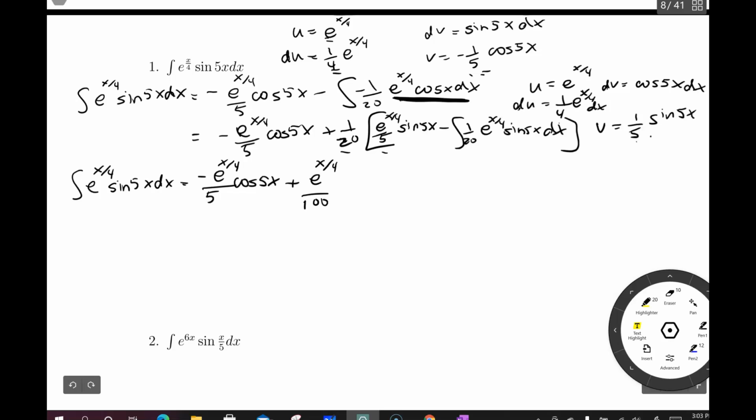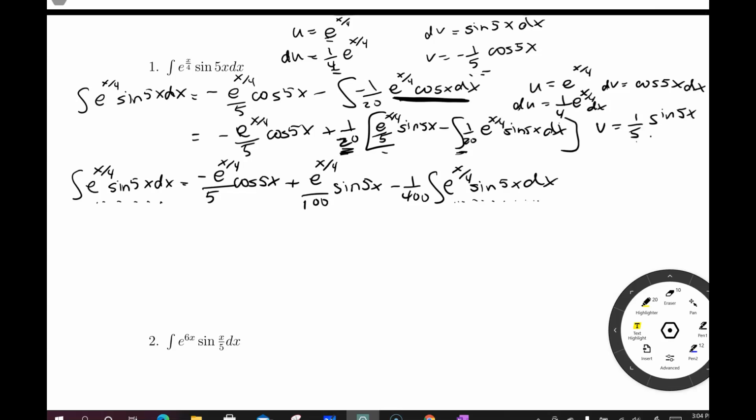Okay, so I need to multiply this 1 over 20 times this negative 1 over 20, so I get a negative 1 over 400. Okay, so I've got it all written out neat. I'm expecting to see the question back in the answer again, and I do.